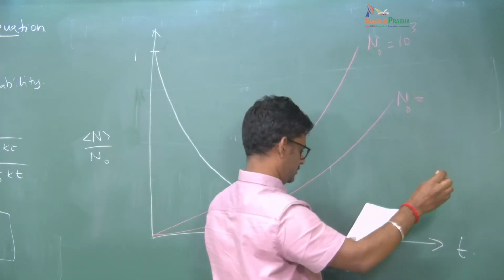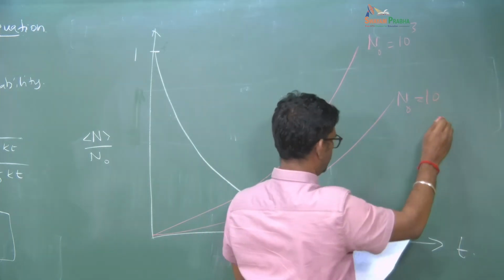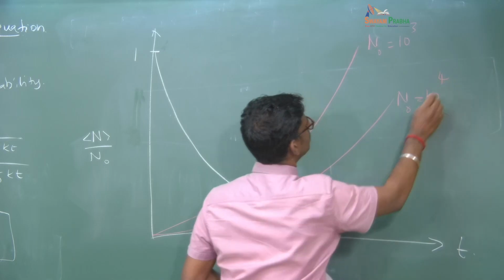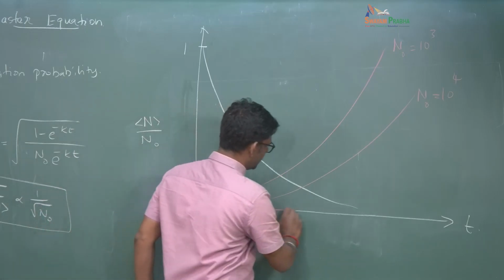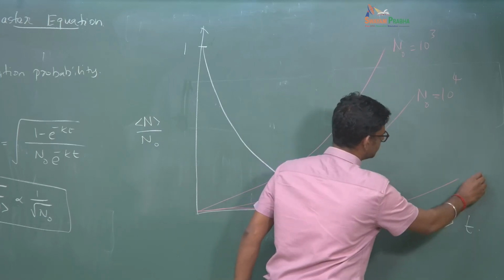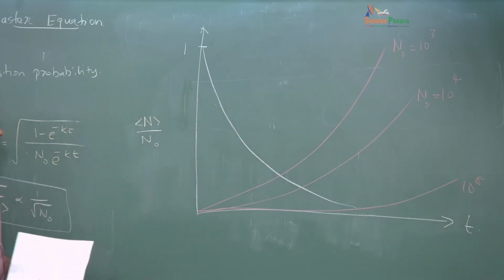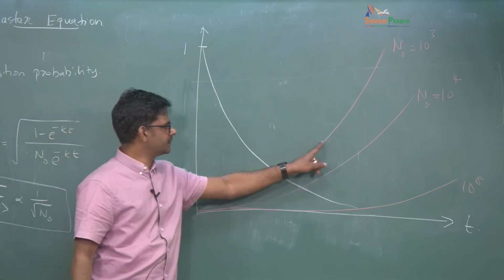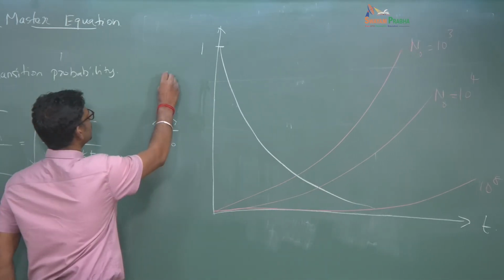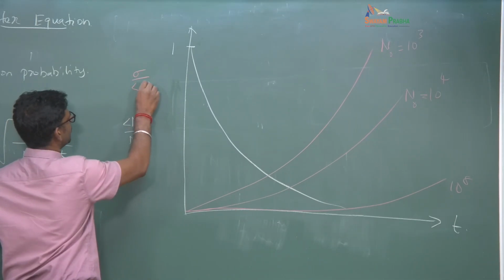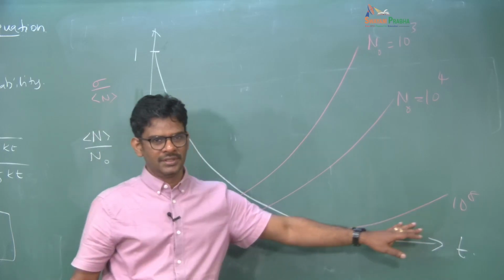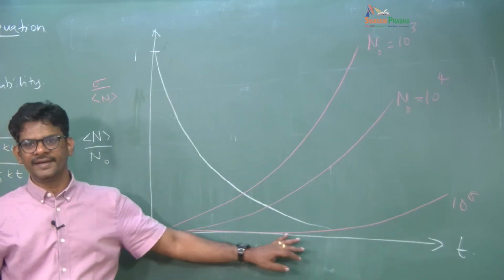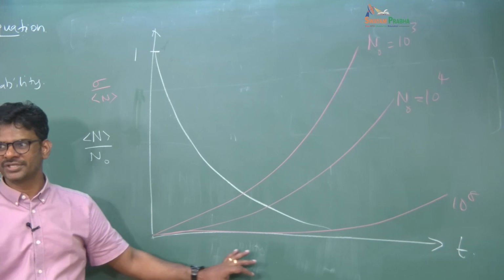This is for 10 power 4. Only when we go to something like 10 power 8 ... all the red curves that you see here are sigma by mean, the coefficient of variation. When the number of molecules is very large, like 10 power 8 or so, the coefficient of variation is nearly 0. So this is where the deterministic picture is valid.